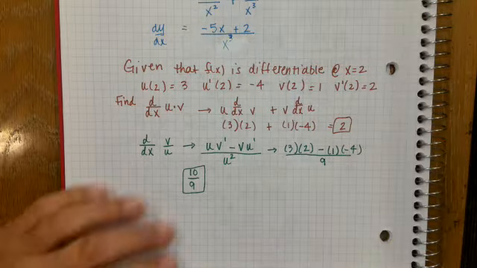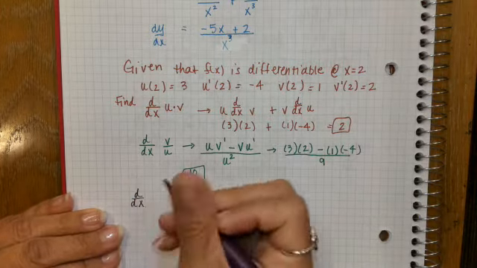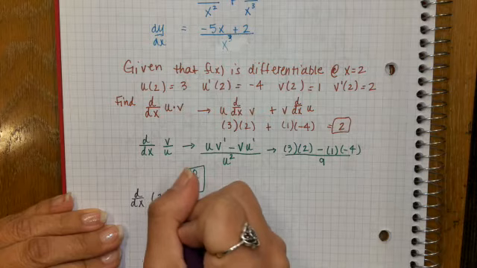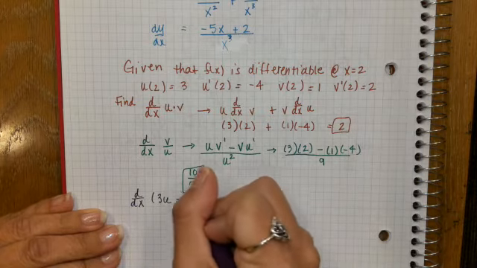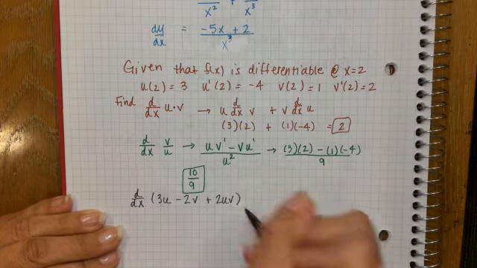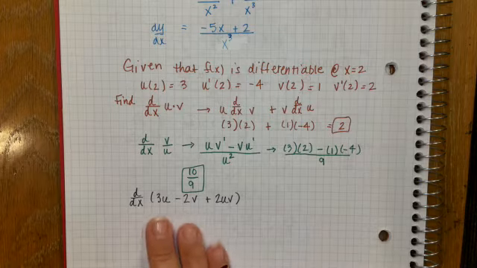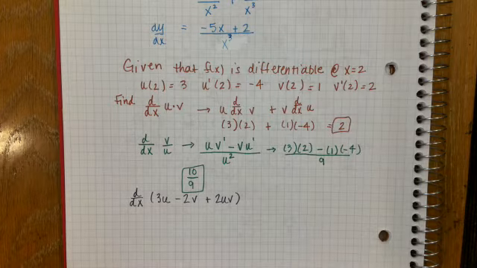Okay, let's look at one more. Let's find the derivative of 3u minus 2v plus 2uv. This whole sum and difference thing was the first property I showed you.